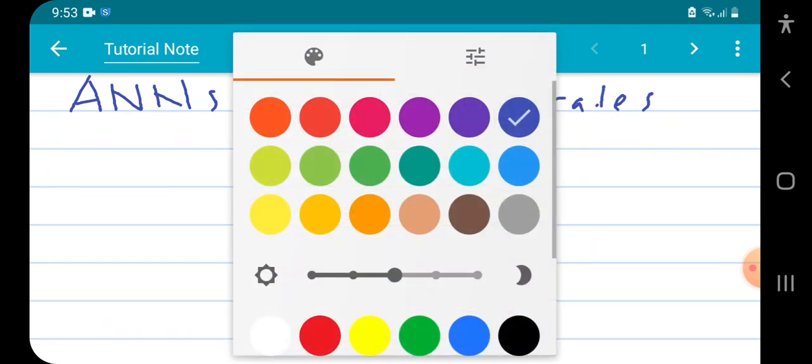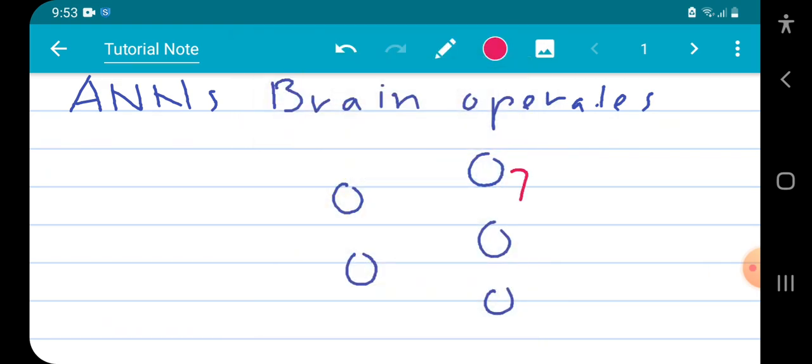Each of these circles represents an artificial neuron, and one artificial neuron is connected to another artificial neuron by some lines. These lines are also called edges.